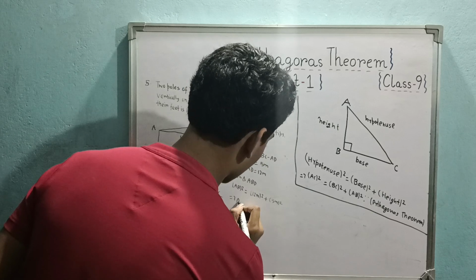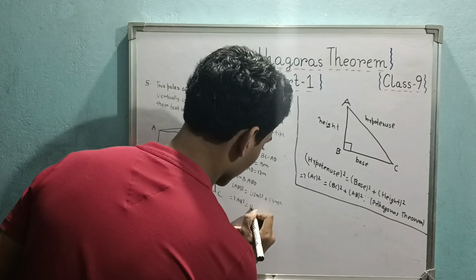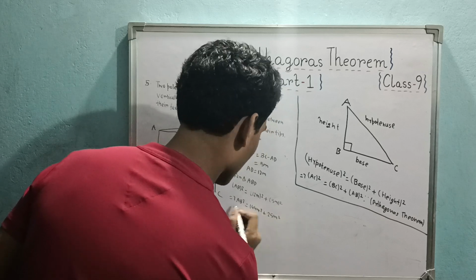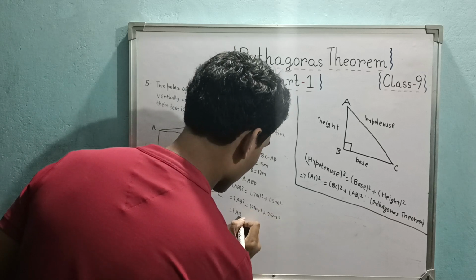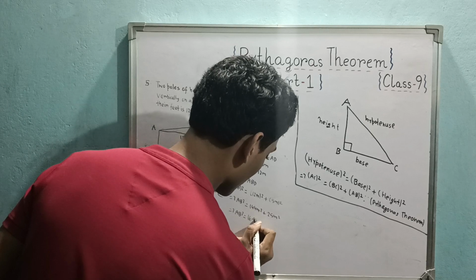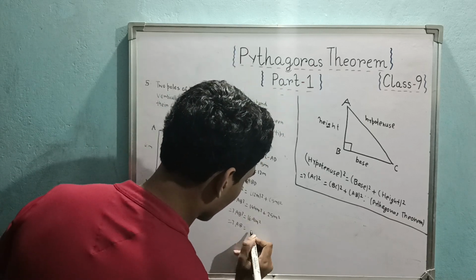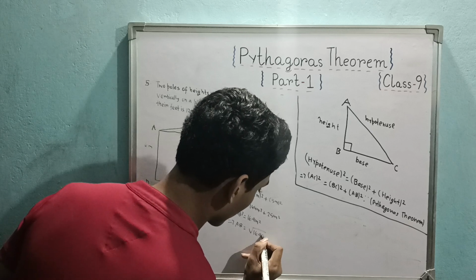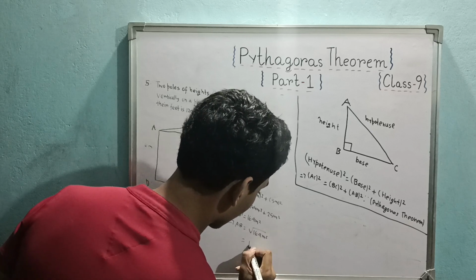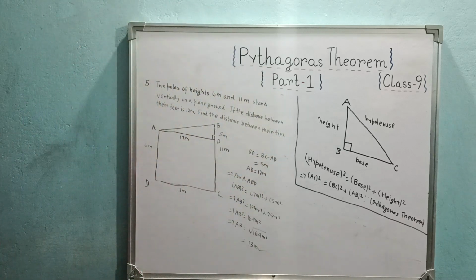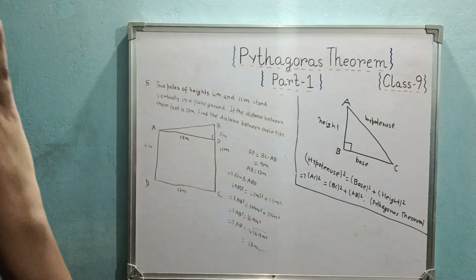AB square equals 144 plus 25, so AB square equals 169 meter square. Take the root: AB equals root of 169, which is 13 meter. Game over.